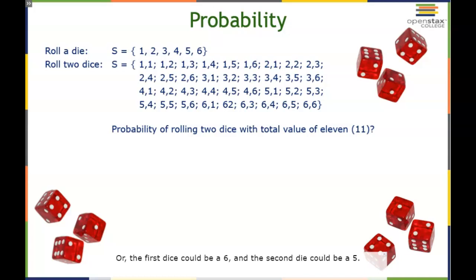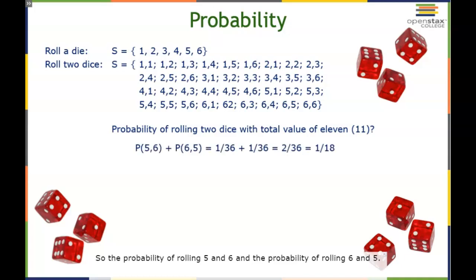Or the first die could be a 6 and the second die could be a 5. And therefore, there's only two possible ways of rolling an 11. So the probability of rolling 5 and 6 and the probability of rolling 6 and 5 would be 1/36 each. In other words, 2/36.